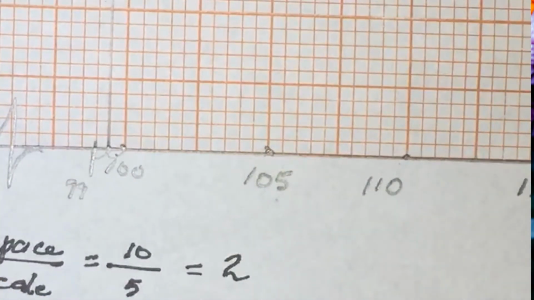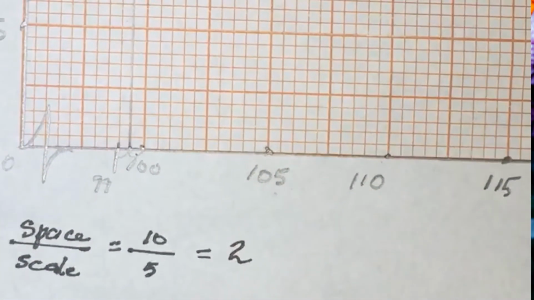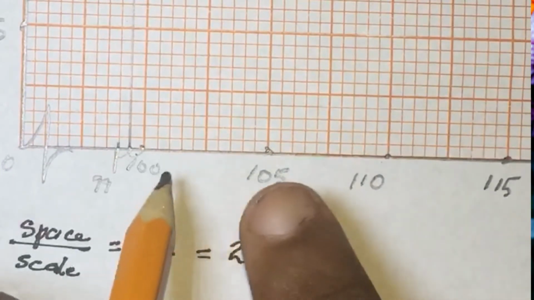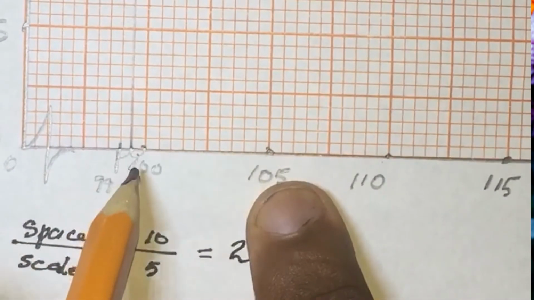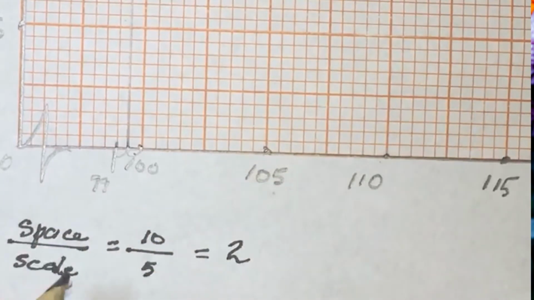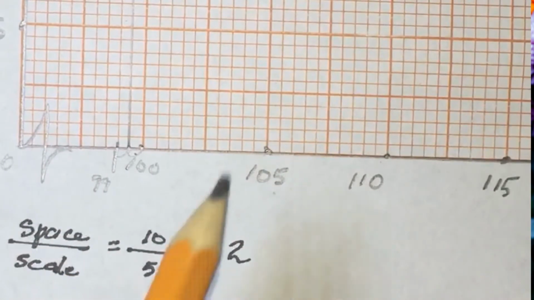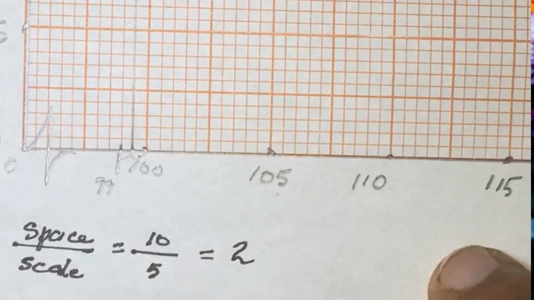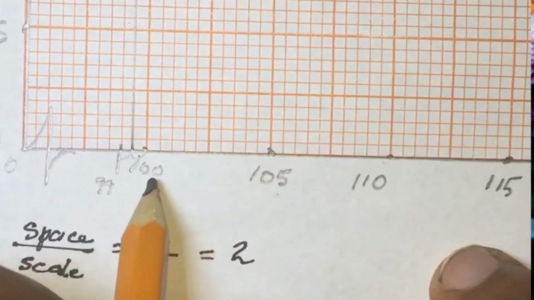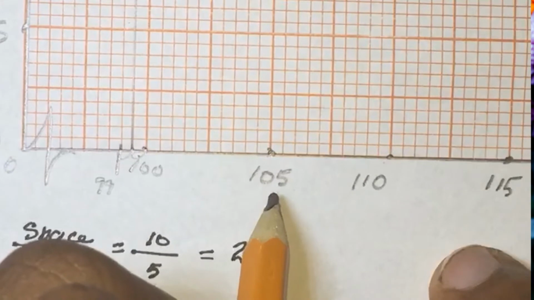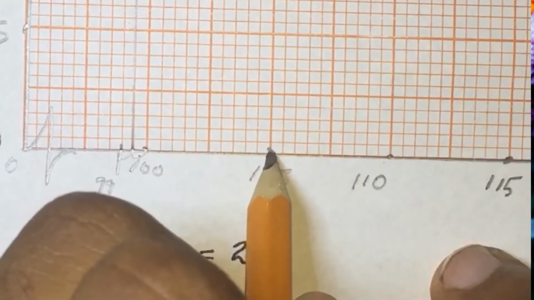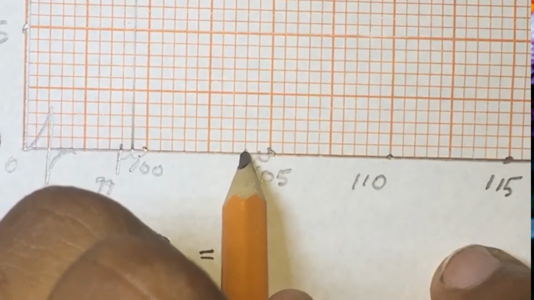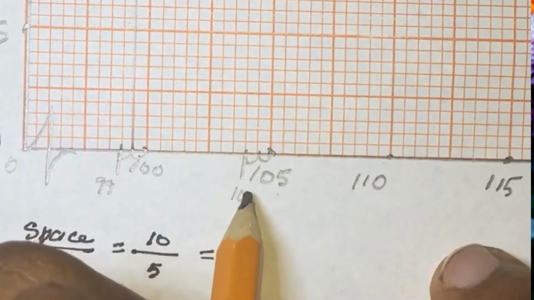Right? Then the next class boundary I'm going to look for is 104.5. So I need to find where 104.5 is, and I know that it's between 100 and 105. Remember, every 2 spaces is 1. If I'm looking for 104, it is closer to 105. So I can say 1, 2, and this will give me 104.